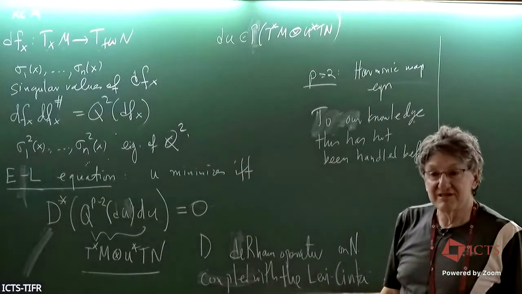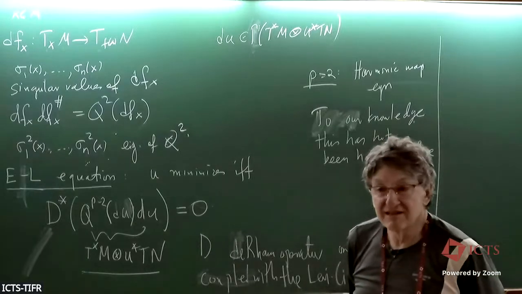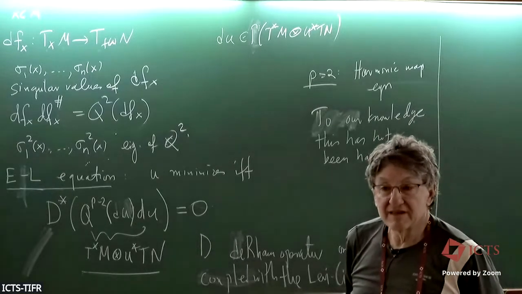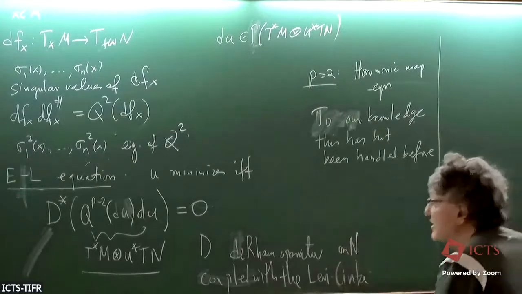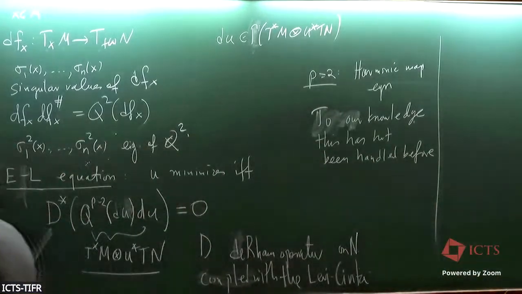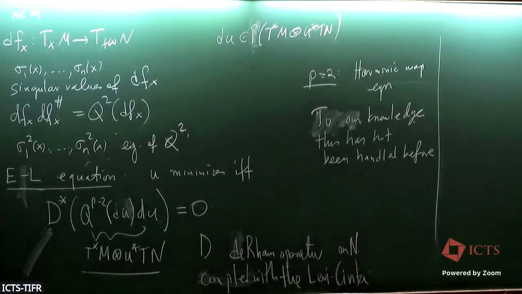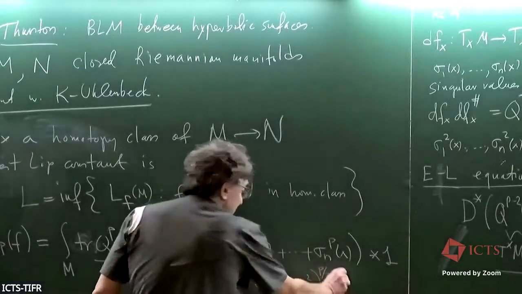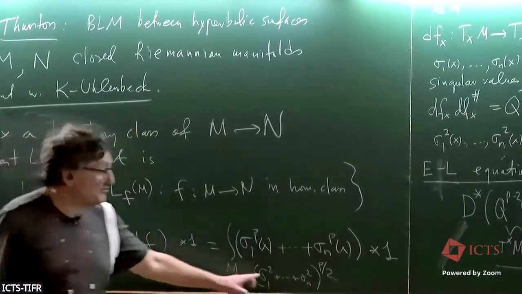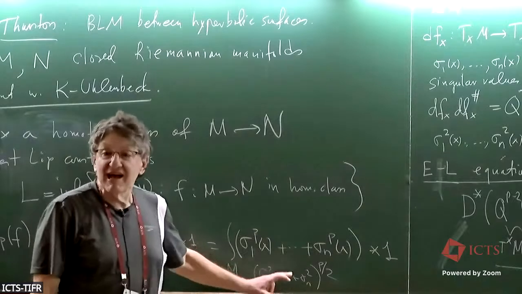Any question? What's the difference between the p-harmonic map equations? Okay, the p-harmonic map is actually this functional here. It's sigma 1 squared... You see, you take the Frobenius norm.